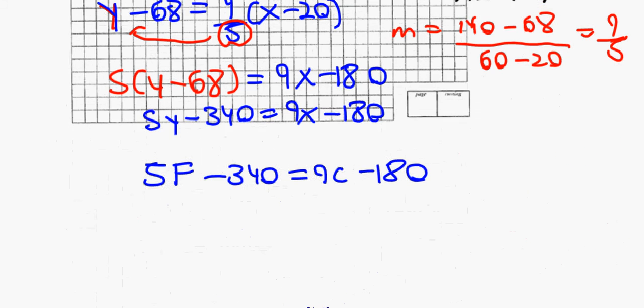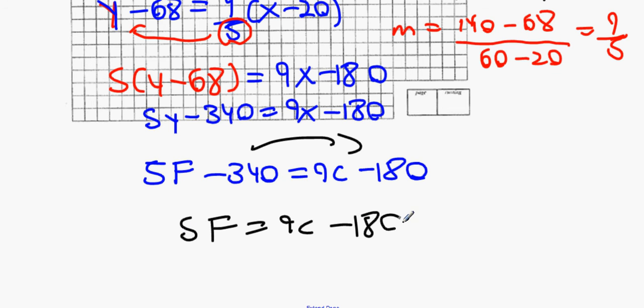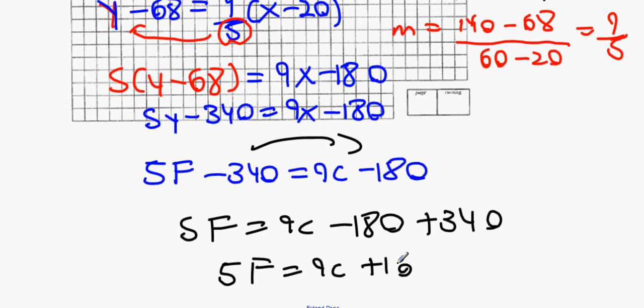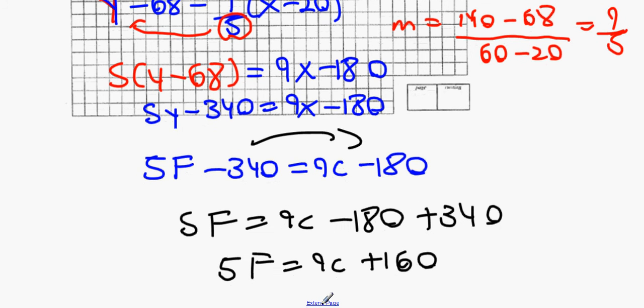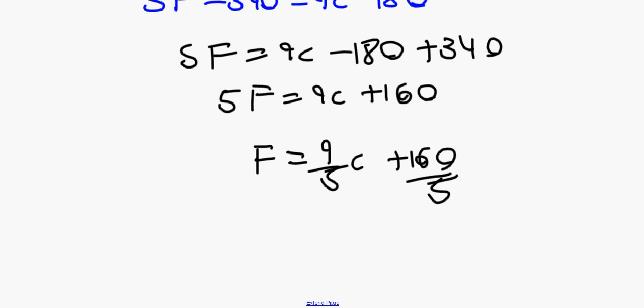So we're going to bring over the 340. So 5F equals 9C minus 180 plus 340, which is 5F equals 9C plus 160. Divide by 5, so it's 9 over 5 C plus 160 over 5, and 160 over 5 turns into 32.